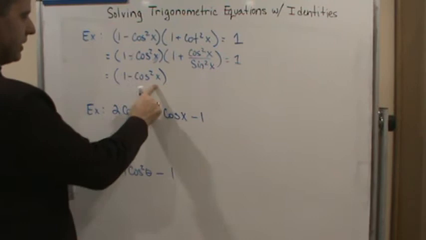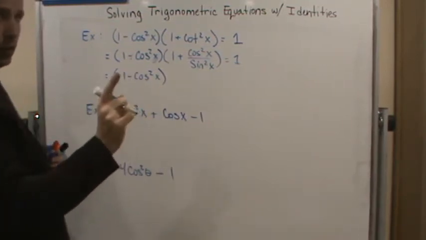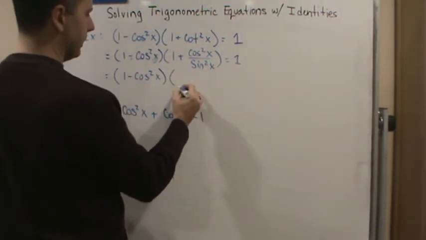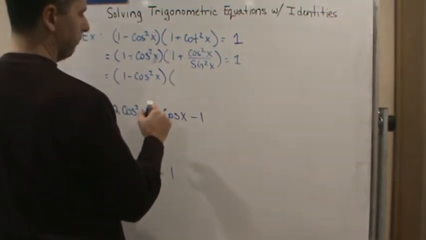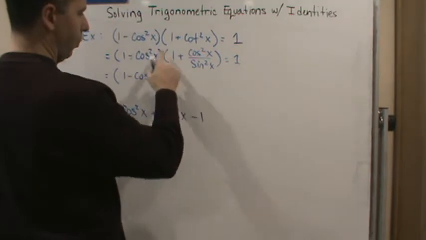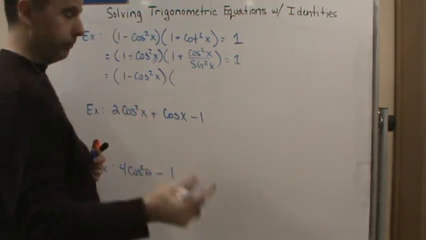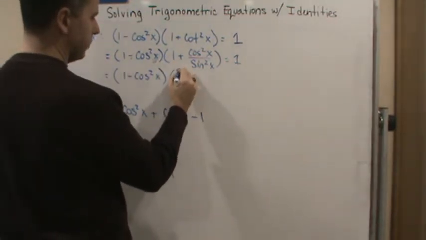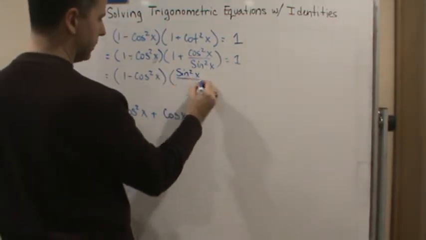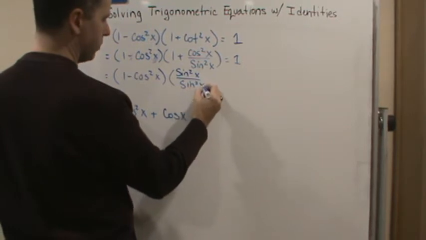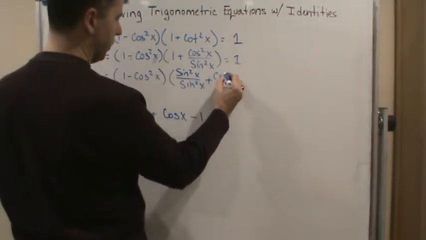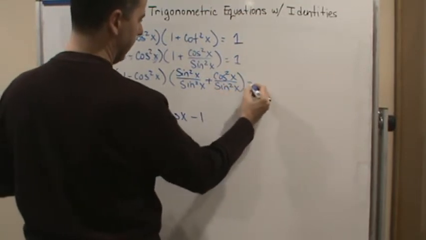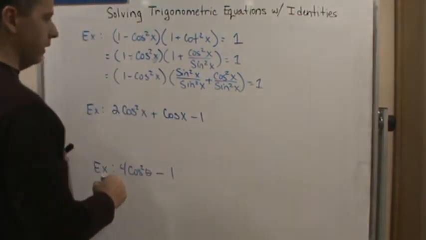Now I could change this to sine squared x, but let's hold off and see if we have to do that or not. So now I'm going to make this into a quotient. Okay, so I'm going to make this into sine squared x over sine squared x plus cosine squared x over sine squared x is equal to 1.